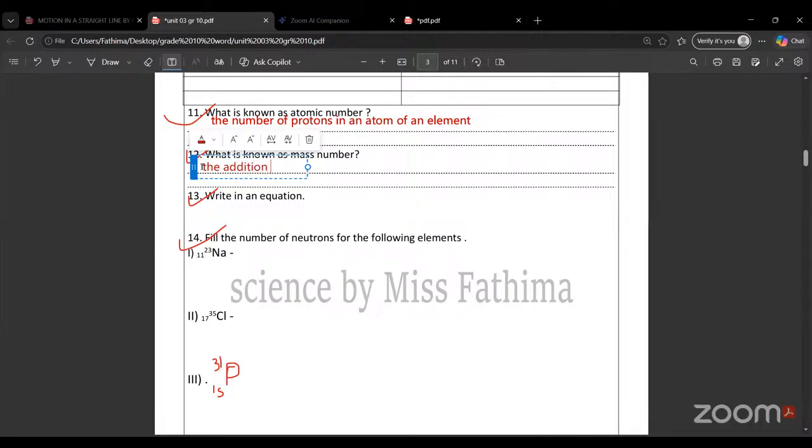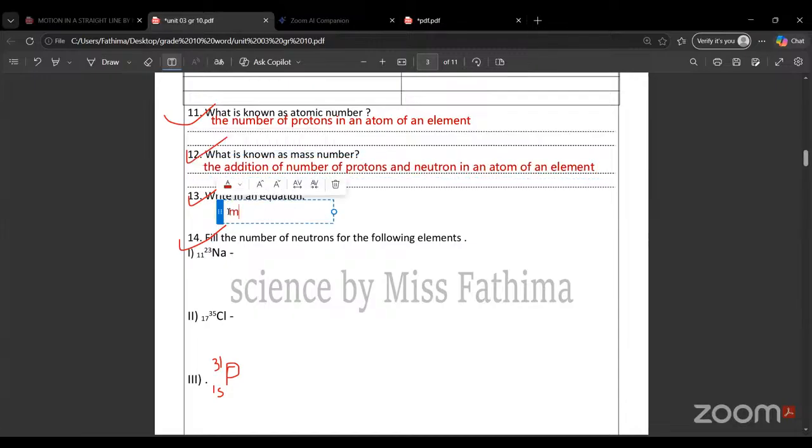The addition of the number of protons and neutrons of an atom. So write the equation.